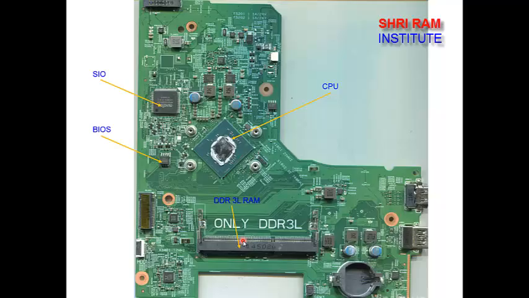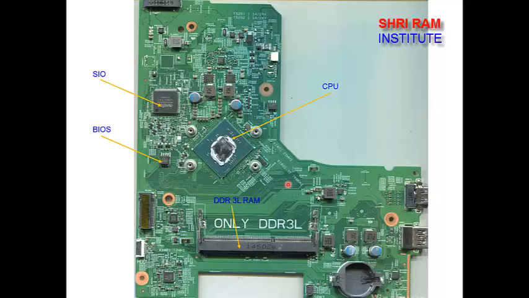Now if you have a problem of no display, how do you check what the problem is? First you have to connect the motherboard to the DC power supply and check the current. The current should be about 350 milliampere. Okay, and if the current is okay, then you have to check all the voltages.